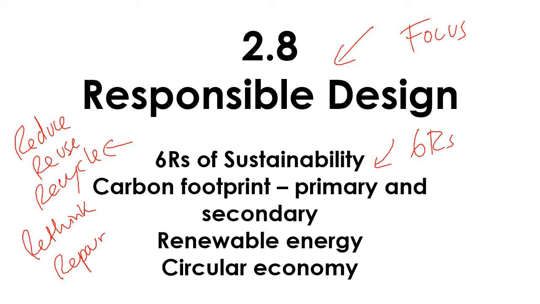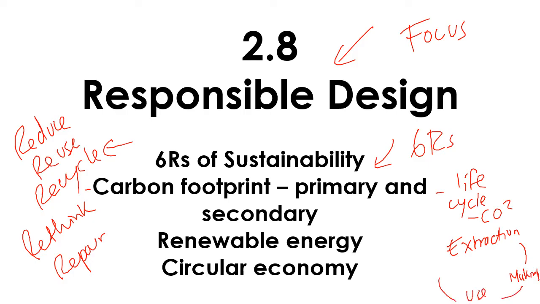You need to know about carbon footprint. So this is like a life cycle, not a marketing life cycle, of how CO2 is produced. So everything from the extraction, you've done this in chemistry at GCSE, to the manufacture, making it, to the use, to it being recycled or disposed of.